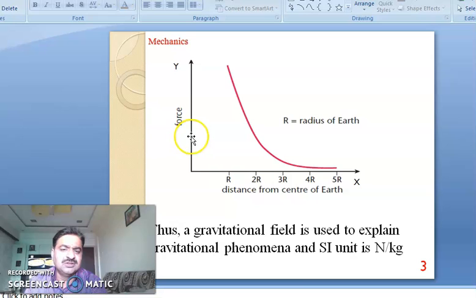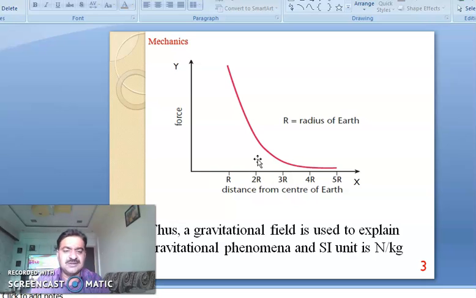Here you see the amount of force is increasing as we bring a massive body towards the Earth. Now if the body is at a distance of R, in the sense it is on the surface of the Earth, then the gravitational force is very high, very large.